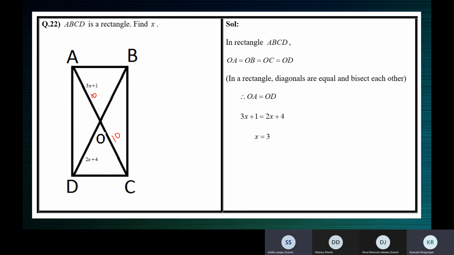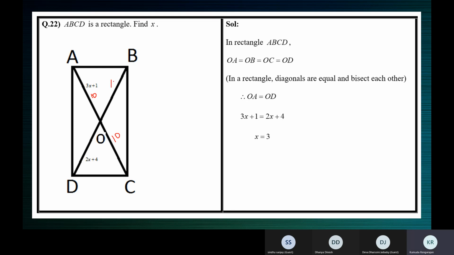Yes, ma'am. But if AC is 20, BD will also be 20 because diagonals are equal. BD cannot be 30 in a rectangle.